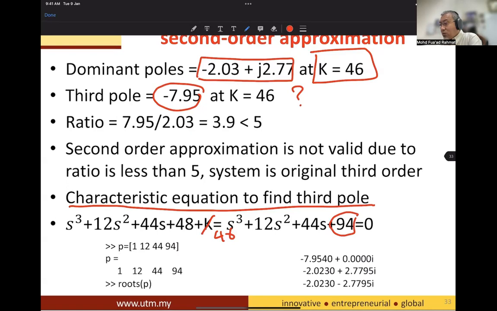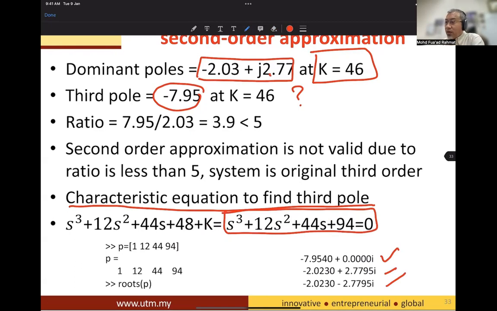So you use your calculator and find these roots. You find this root, then you get minus 7.95, minus 2 plus minus j 2.77, which is here.